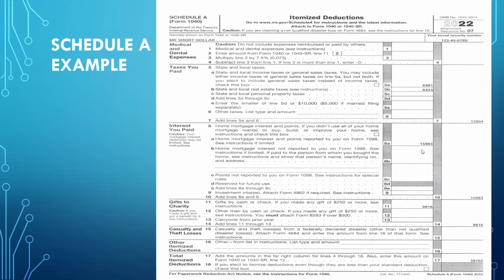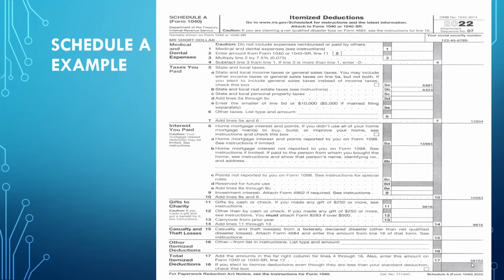In the next section, interest paid, 8A, 15,983. You see it goes over to the column to the right. Gifts to charity, $9,816. You see all the totals here. That totals $38,703.